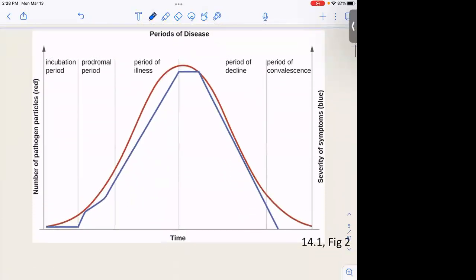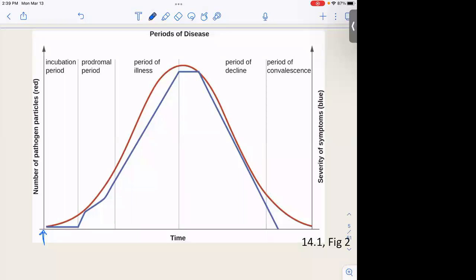If we look at the progression of disease in an individual, we like to set that up into different stages. So right here would be when that pathogen first enters, what we call the portal of entry. And we'll talk about different portals of entry soon. But say it enters a human host.